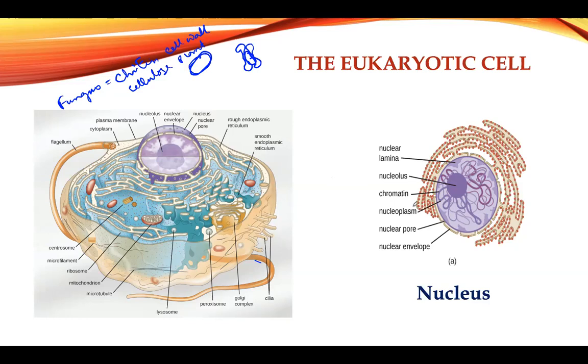The first one is the nucleus. The nucleus is a double membrane structure, again a phospholipid bilayer. But in the case of the nucleus, these two bilayers are contiguous, meaning they are completely attached to each other, though there are two lipid membranes. Basically, in between the two membranes, nothing is there; they're tightly attached.